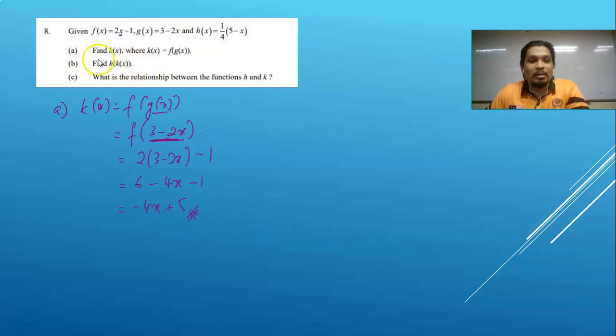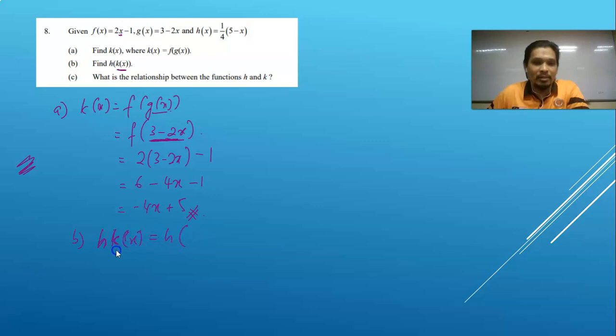Okay. Just now, we have found that the function k(x) is a composite combination of f(g(x)). So we're going to use this one in the function h. So question B, h(k(x)).